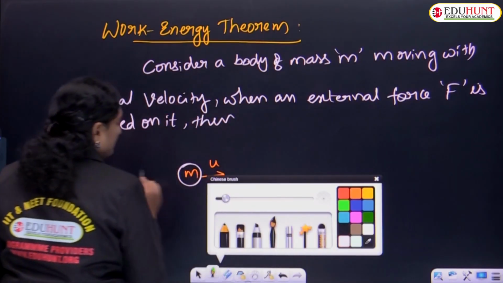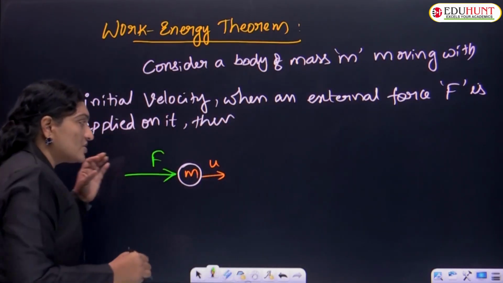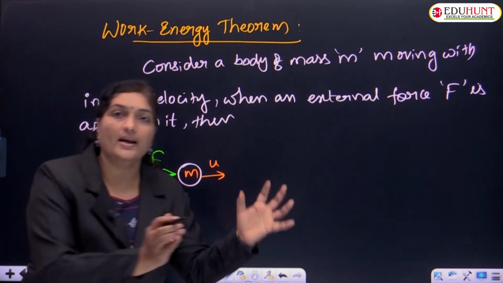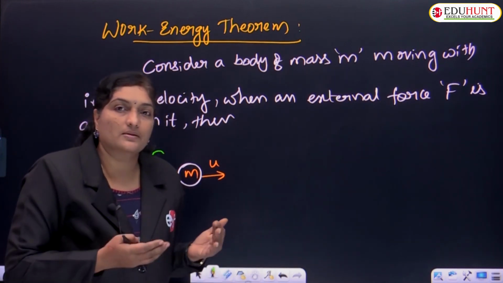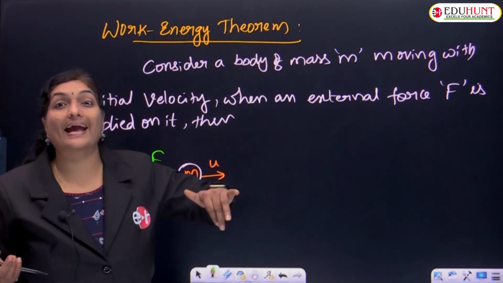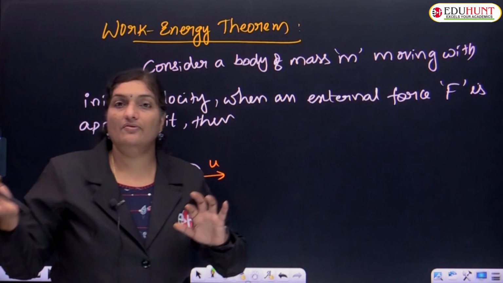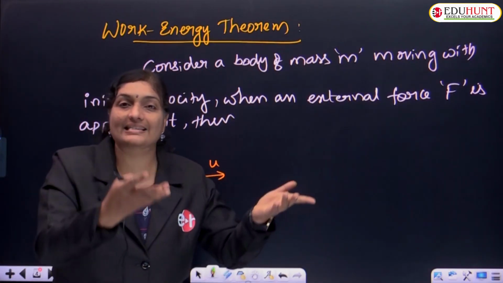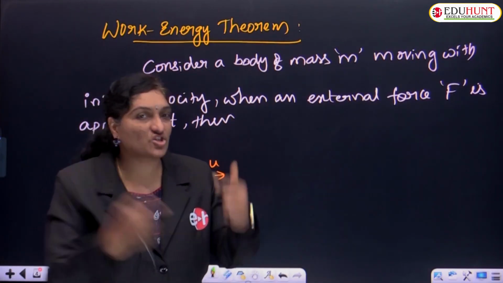Initially it was moving with velocity u. When an external force is applied, mass can never change, so what can change? Its velocity. The body gets accelerated. Whenever force is applied on it, the body gets accelerated and as a result its velocity changes.